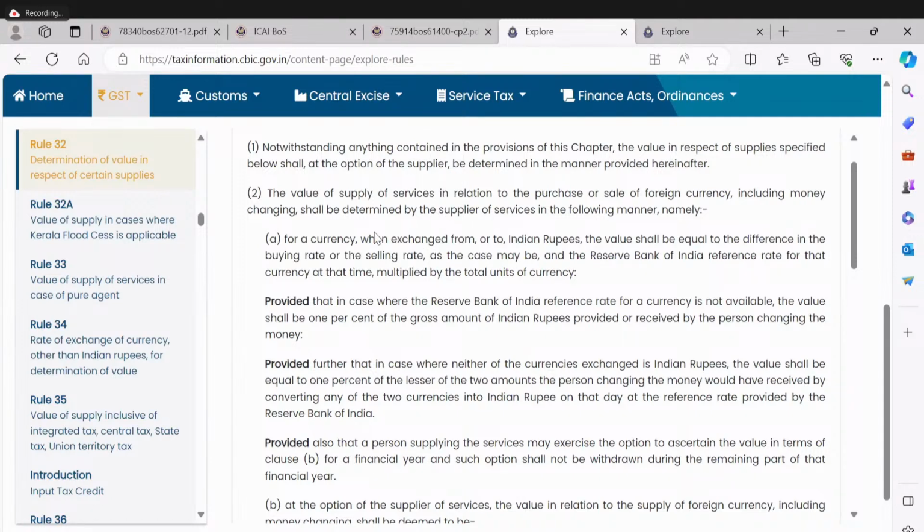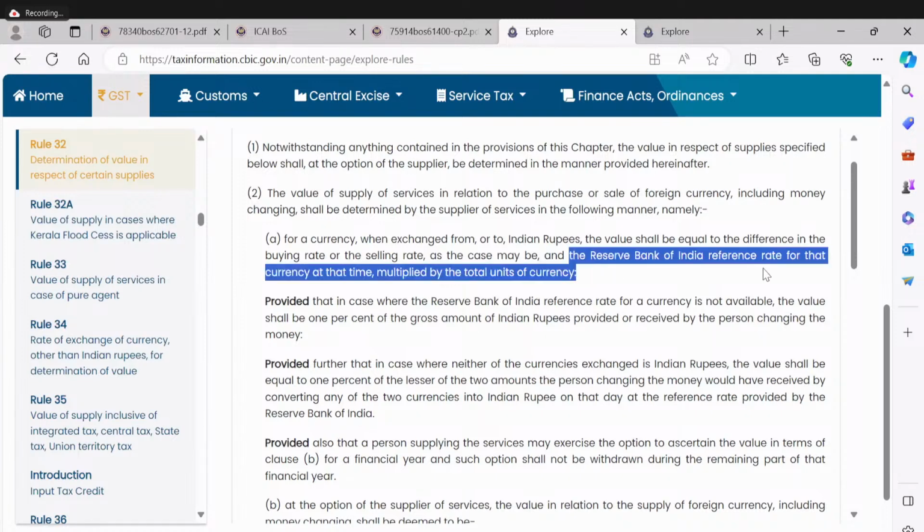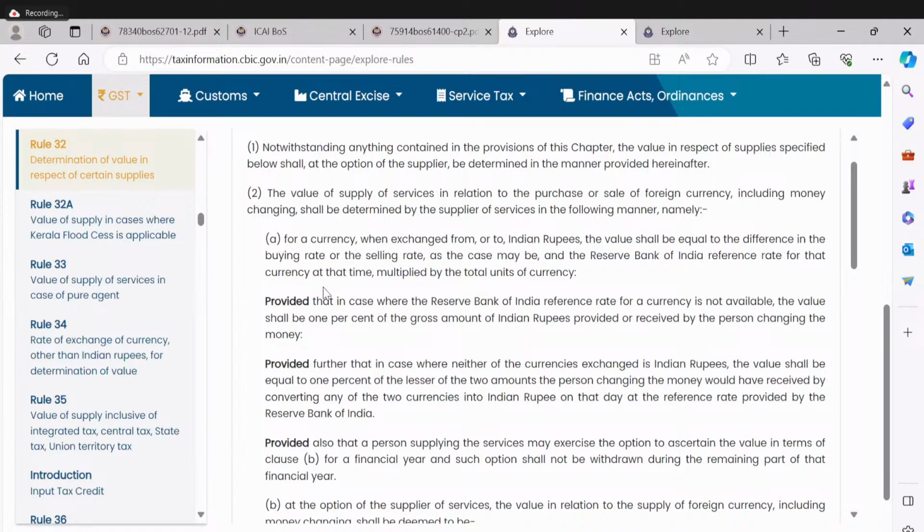Now, in this case, we have to take the buying rate for the foreign currency, the rate at which the foreign currency is being purchased, and the RBI reference rate for that currency, for dollar. In our case, the currency is dollar. So the RBI reference rate for dollar at that time, multiplied by the total units of currency. Now, in our case, the total units of currency will be 9,900 units.